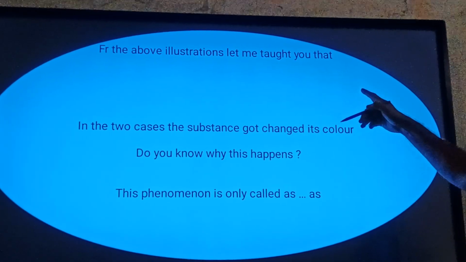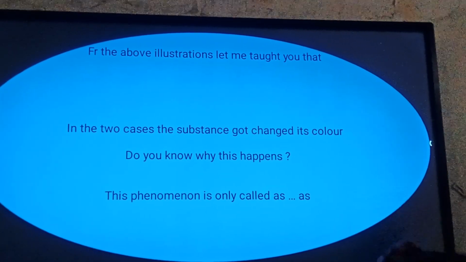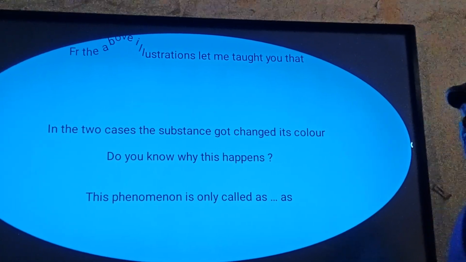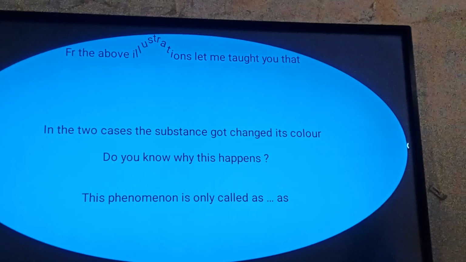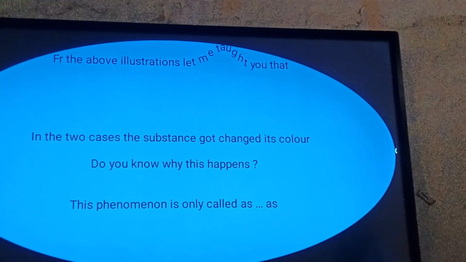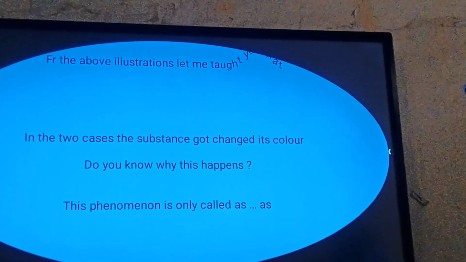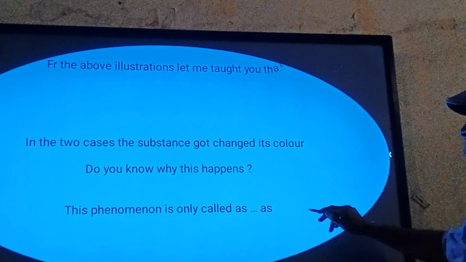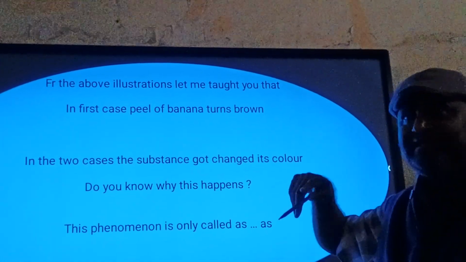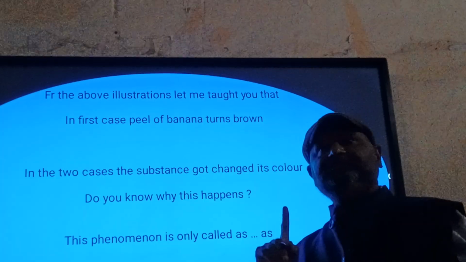From the above illustrations, let me teach you that in the earlier case, what is the first example I gave?